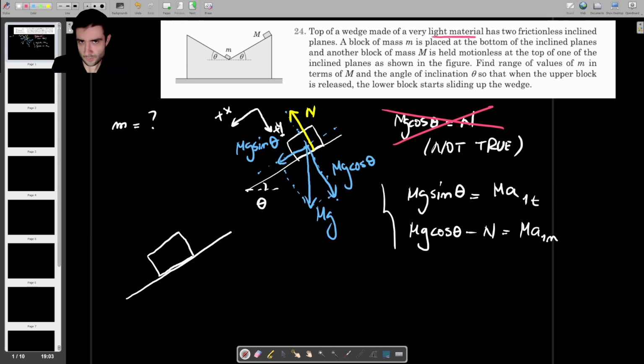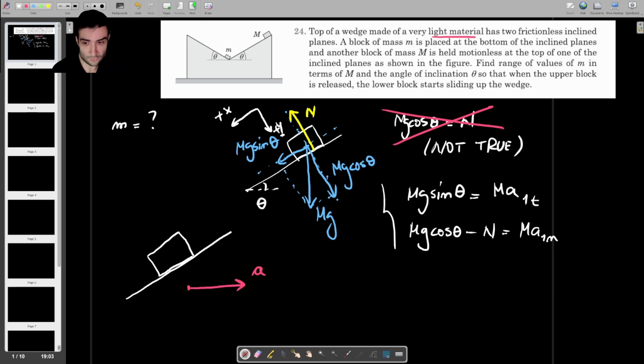Clearly the wedge is going to accelerate to the right, but it doesn't actually matter if it's going to the right or to the left. For this problem, it will go to the right, and it's constrained to move along the horizontal direction. The acceleration of the wedge, I'm going to draw it like this, and I'm going to call this A, just A, not A1, A2, just A. So this is the acceleration of the wedge.